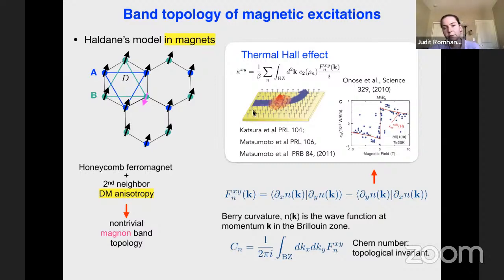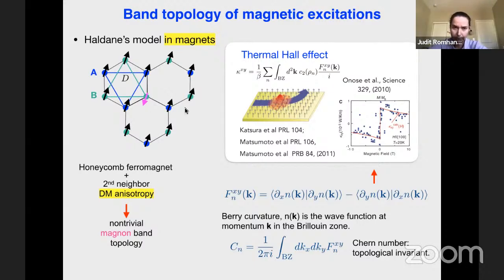And when there is also a magnetic field perpendicular to the plane, then these magnons will deflect, and there will be a transverse energy current, which is this thermal Hall effect. And this thermal Hall effect cannot be expected to be quantized because we don't have completely filled electron bands.